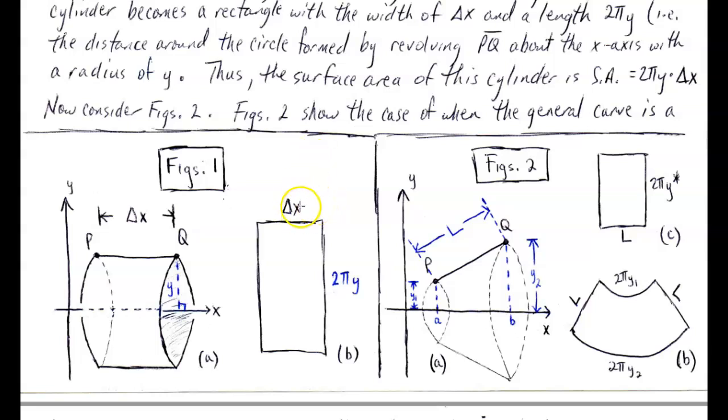Okay, and we know that delta x would represent the height, or we may want to say the width of this particular tube, and this 2 pi times y, of course y would be the radius, or the distance from the axis of rotation up to the actual surface. That would be its height or its length, depending upon how you want to interpret that.